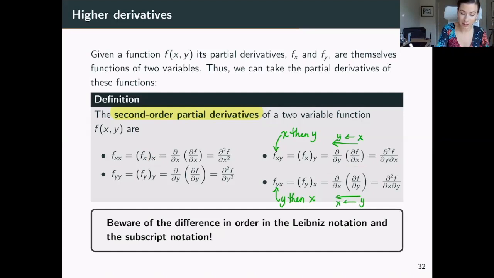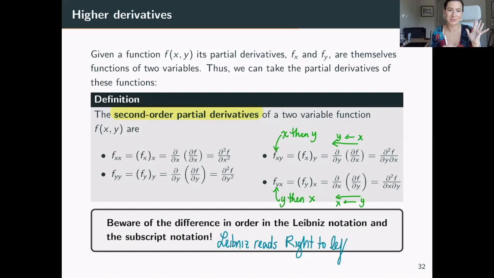So just to summarize that, Leibniz reads from right to left, whereas the subscript notation is from left to right. A little bit confusing, especially when we put it in this kind of notation where I need to read it this way. I take x and then I take y, I take y and then I take x.